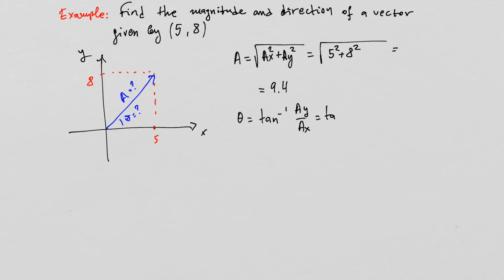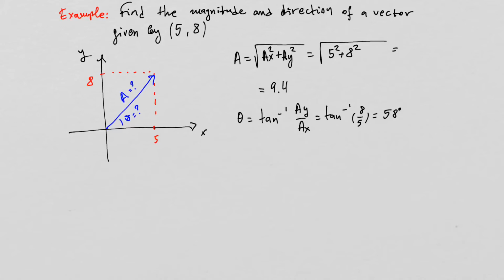So that is the inverse tangent of 8 divided by 5, which gives us 58 degrees. So this is the way to find the magnitude of a vector and the direction of this vector in space by knowing the rectangular coordinates that define the position of the head of the vector in two-dimensional space.